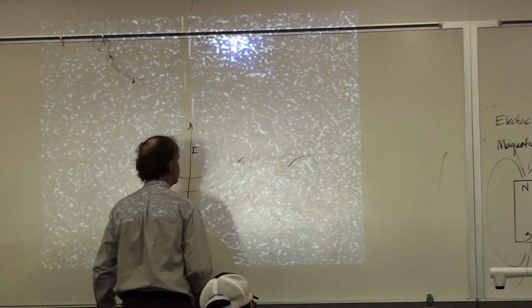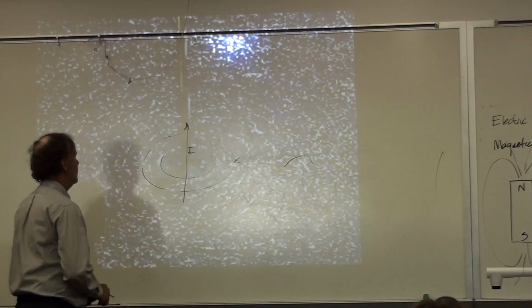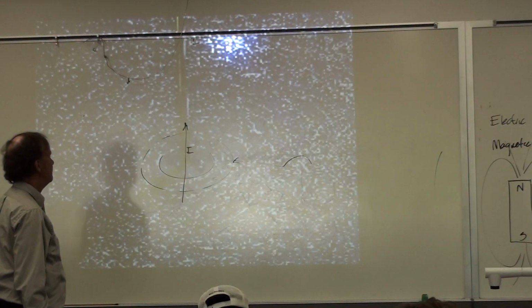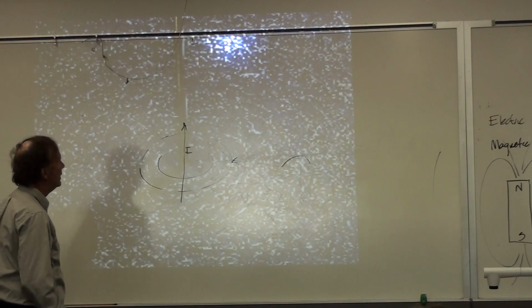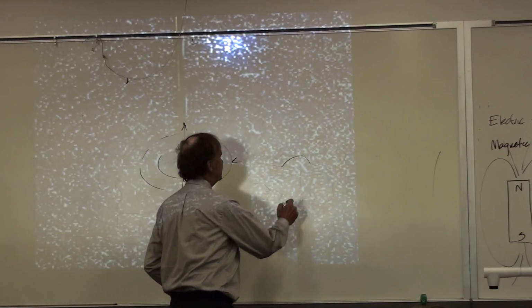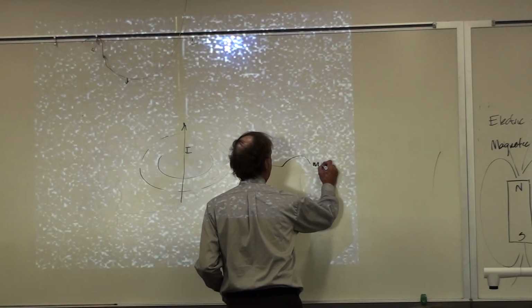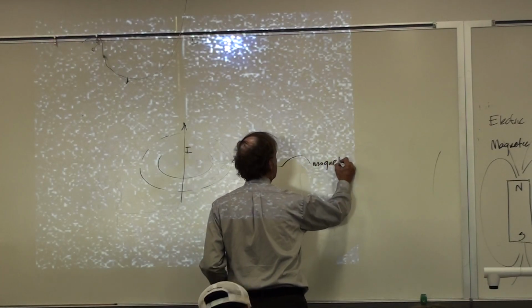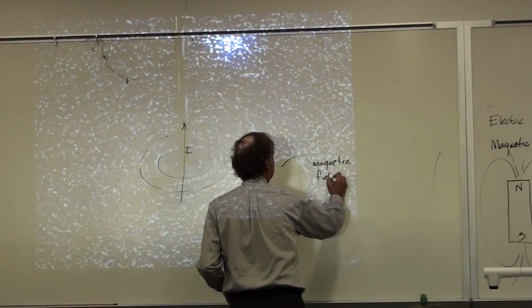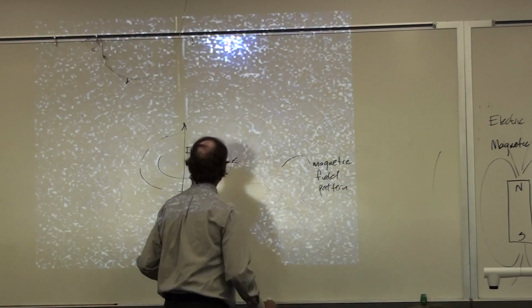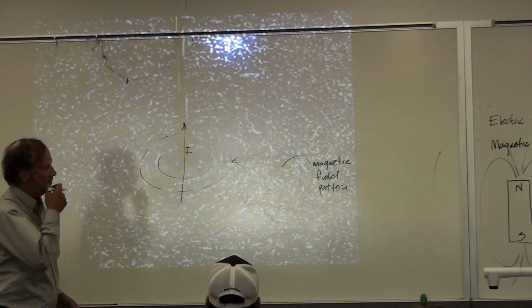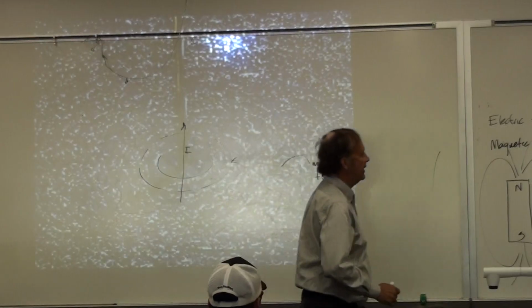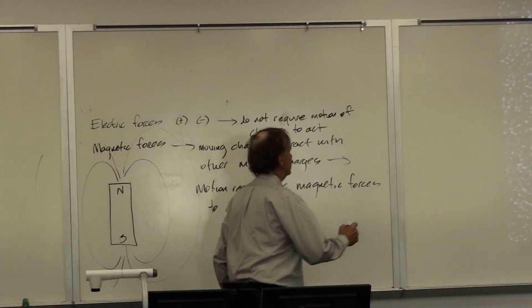These directions in which the charged particles are aligned is the same as the magnetic field pattern. So this is one set of moving charges creating a magnetic field. And the other one then interacts with that magnetic field.